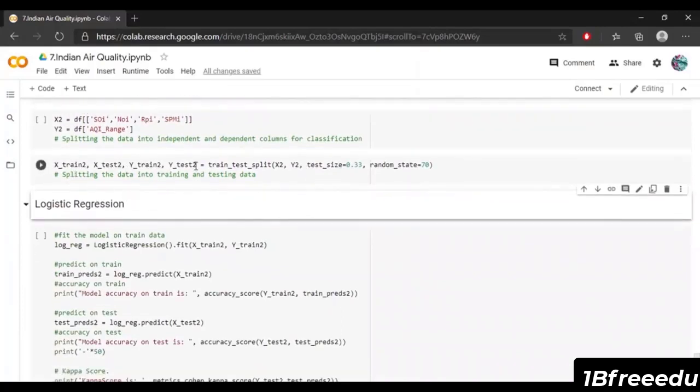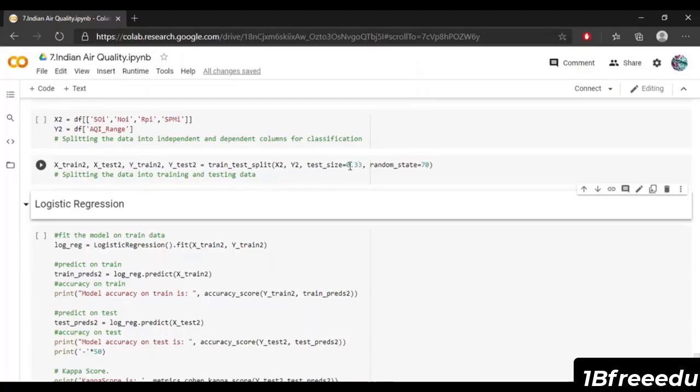Over here, we have missed this part, which is splitting the data into train and test. Once we split our data into independent and dependent columns, we split our data into train and test. We had taken the independent columns as x2, and these are all the independent columns. Our y2 had the target column or the dependent column, which is the AQI range. Here the test size is 0.33.